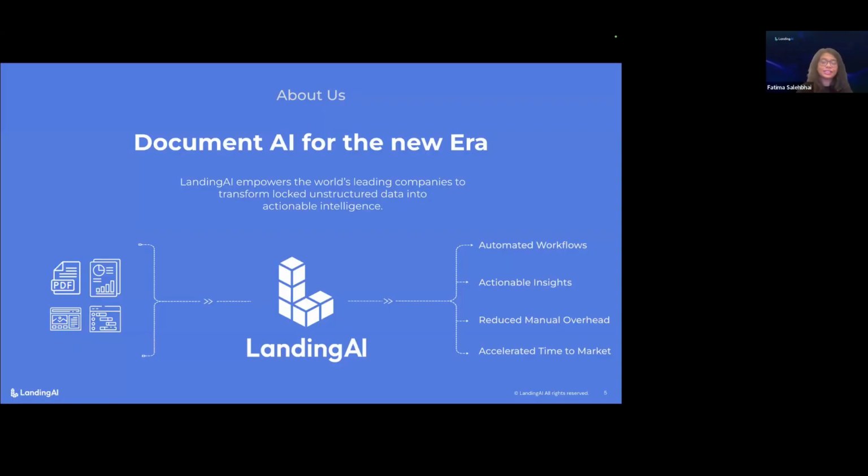You can gather automated insights, or you can get actionable results from whatever questions you're asking of the document, and along with that reduce a lot of manual overhead and time required to get to the insights or answers that you're looking for from these documents or scaled versions of these documents.